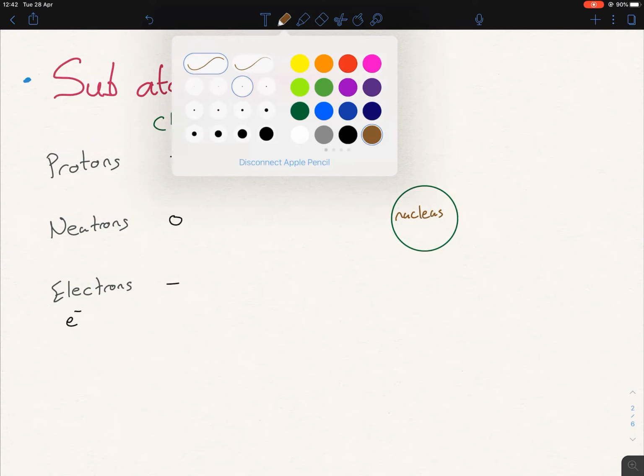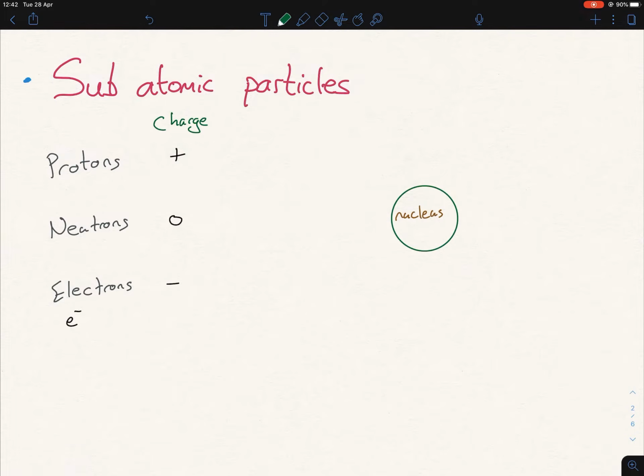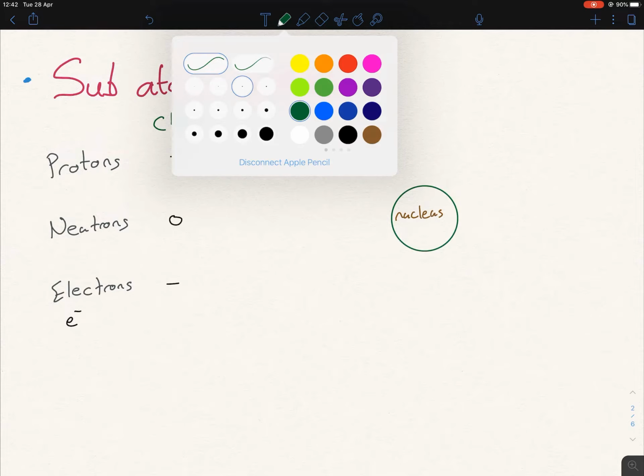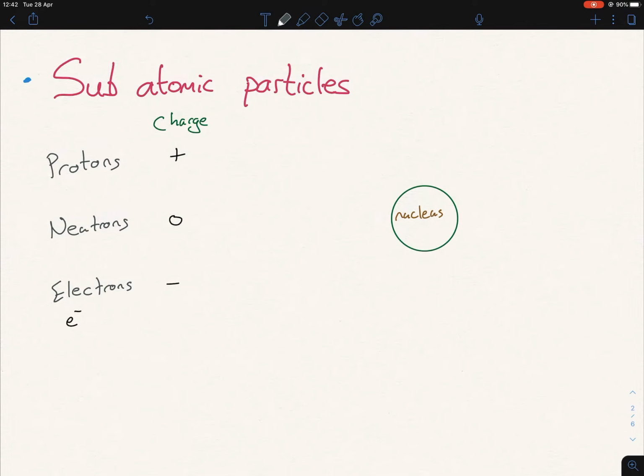And then around the atom, we have something called the electron cloud. The electron cloud. Okay, so let's get back to it. The nucleus and the electron cloud.